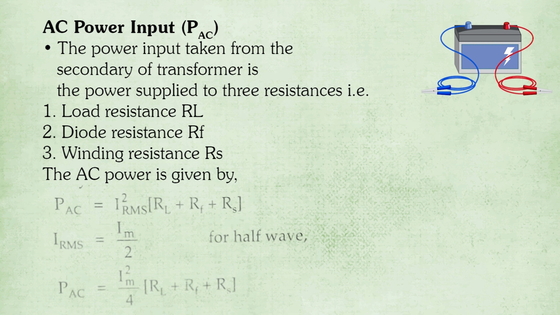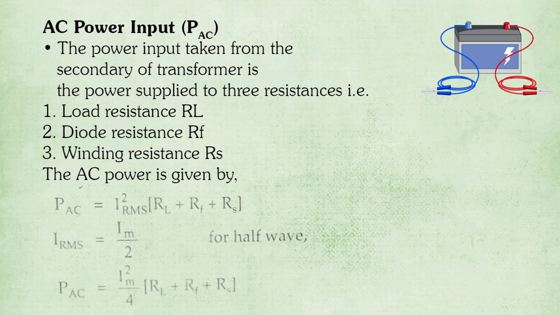This formula is obtained from the formula of power, that is I square R. Since we are finding the power in the form of AC, the current which we are taking is the RMS current. So, the current will be I square RMS multiplied by the resistance, where the resistances are the summation of RL plus RF plus RS.